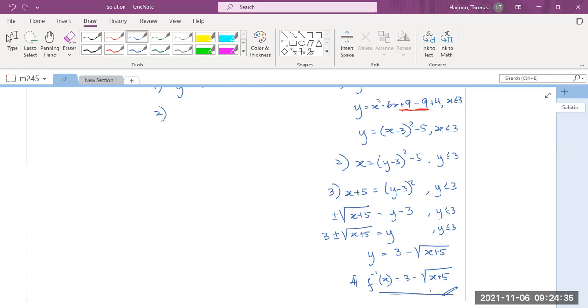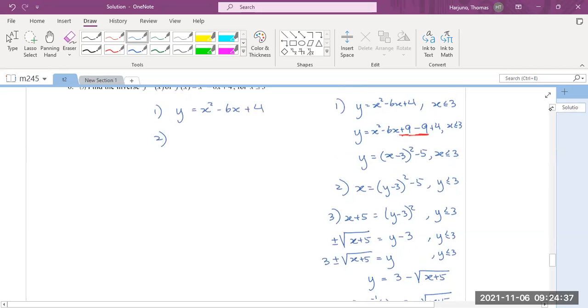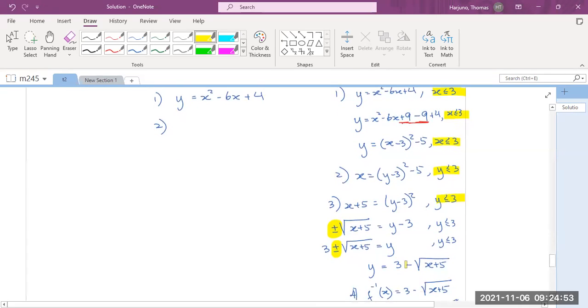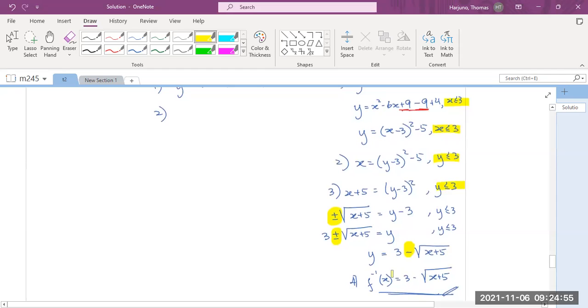Notice that if I do not use this restriction, if you get rid of this, then you will be stuck with the plus or minus. Once you're stuck with the plus or minus, you cannot write that as an inverse function. You get the inverse, but that's not a function. That's why that restriction becomes necessary.